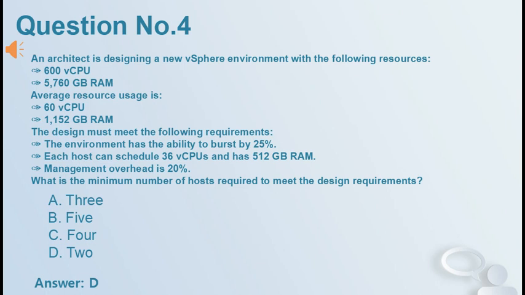The environment has the ability to burst by 25%. Each host can schedule 36 vCPUs and has 512 GB RAM. Management overhead is 20%. What is the minimum number of hosts required to meet the design requirements? A. 3. B. 5. C. 4. D. 2. Answer. D.